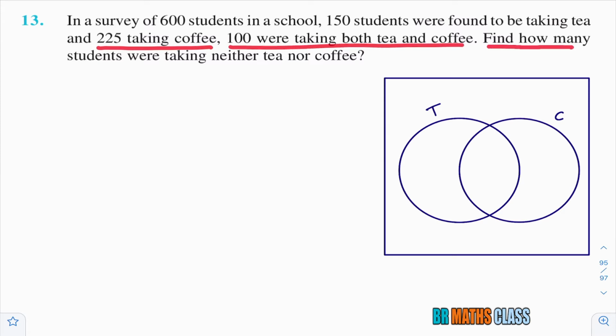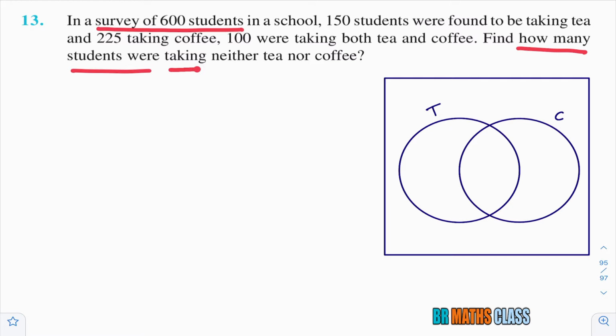Find how many students were taking neither tea nor coffee. That means the survey is done on 600 students, and we need to find how many of them were taking neither tea nor coffee.